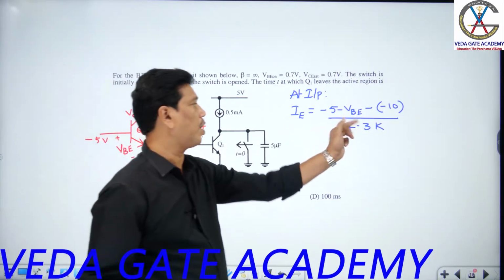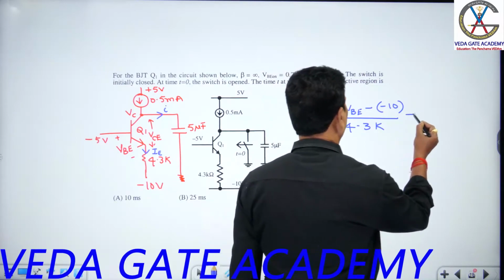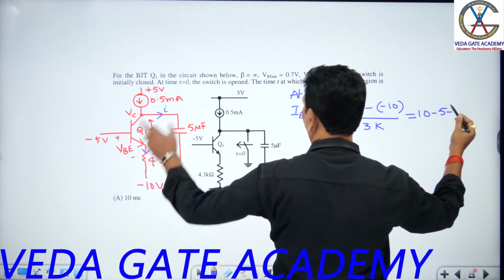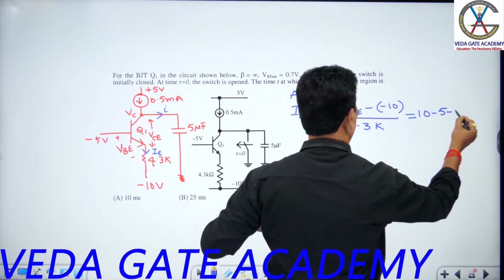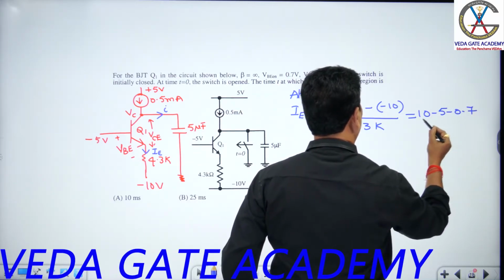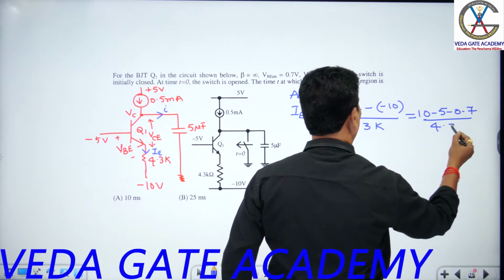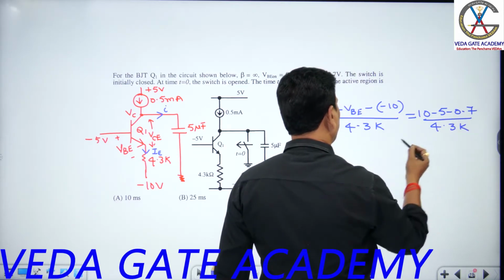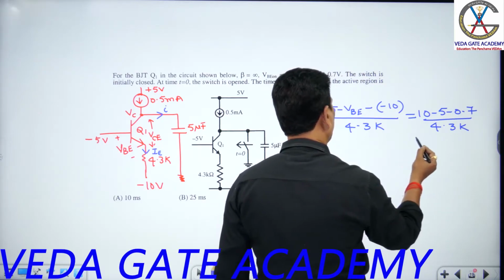That is 10 minus 5, minus VBE of 0.7 volt which is already given, so 4.3 by 4.3K, which becomes 1 milliampere.